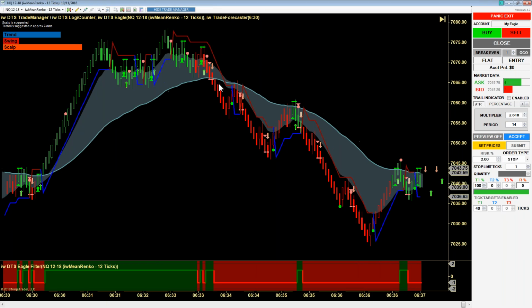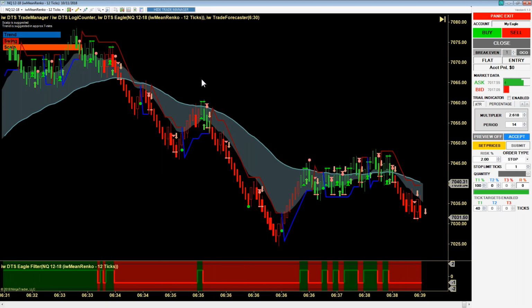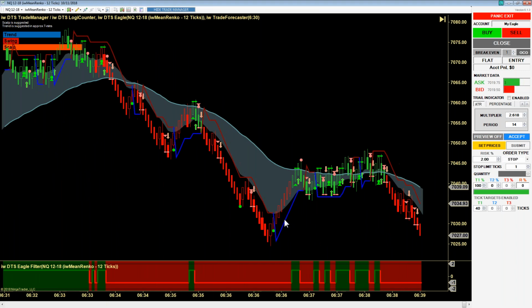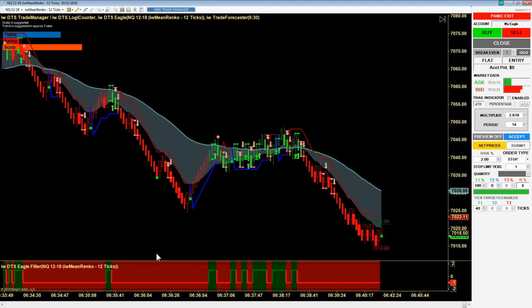Market goes a little bit sideways, and here we are retracing all of it and back into a little bit of a downward slide. Currently in scalp mode, but only for 7 minutes, so that doesn't mean all that much. It does tell us that the market is transitory.